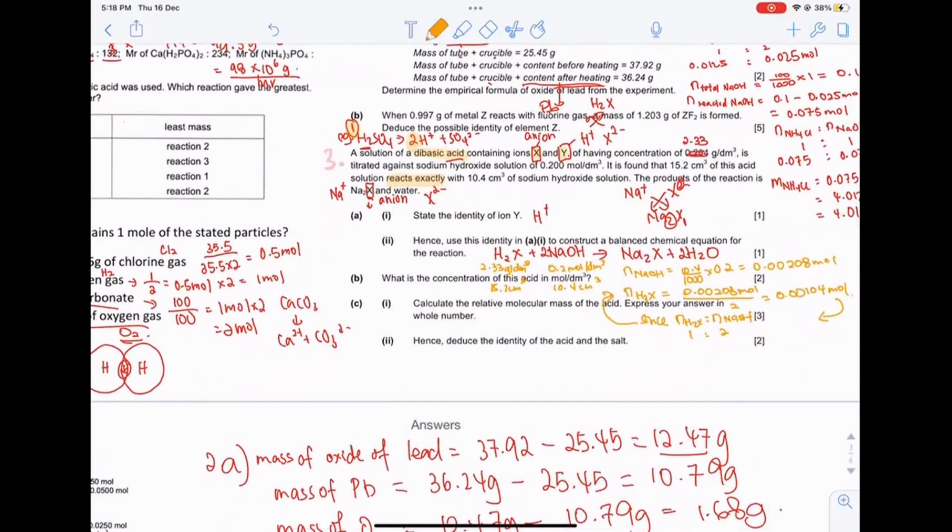And then next, since this is my mole, the concentration of H2X, where the square brackets represent concentration, will be 0.00104 moles divided by the volume, which is 15.2 cm cubed. Because 15.2 is in cm cubed, we have to change to dm cubed, so we divide it by 1000. Mole divided by volume gives you concentration in mole per dm cube.